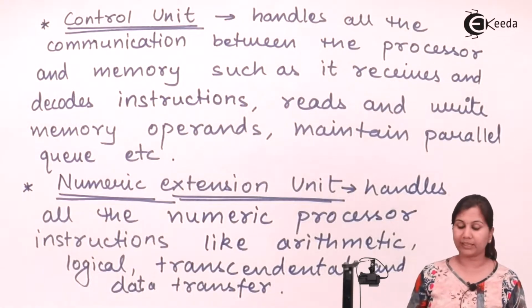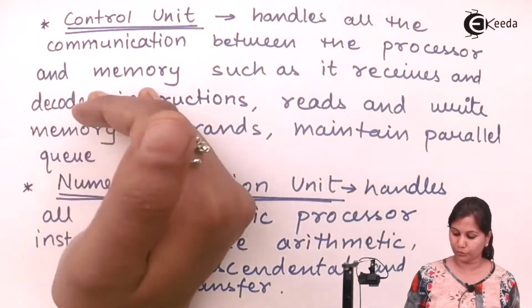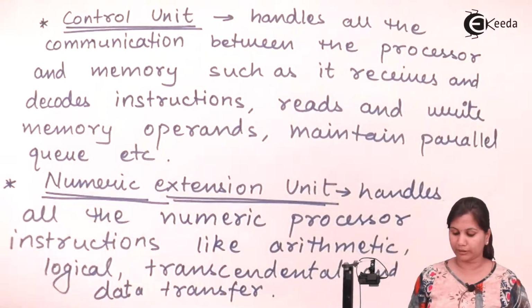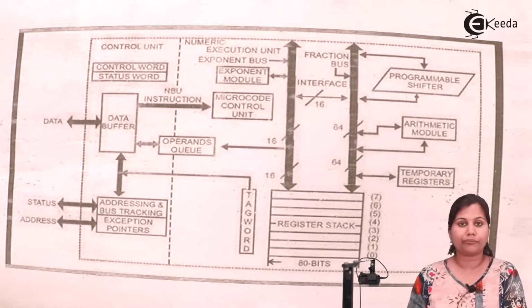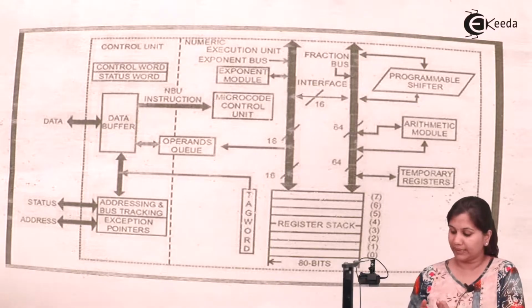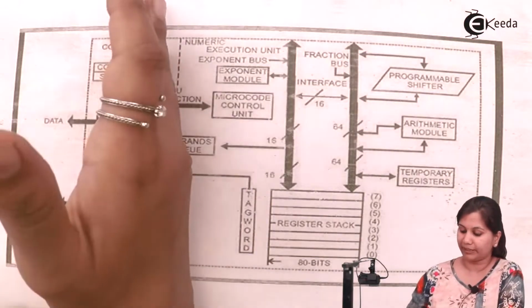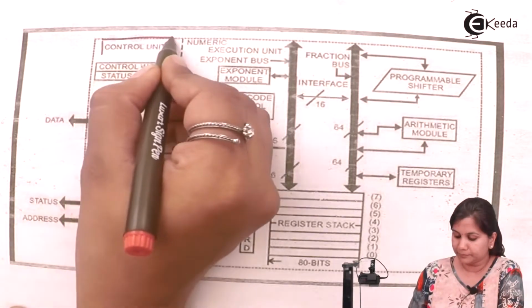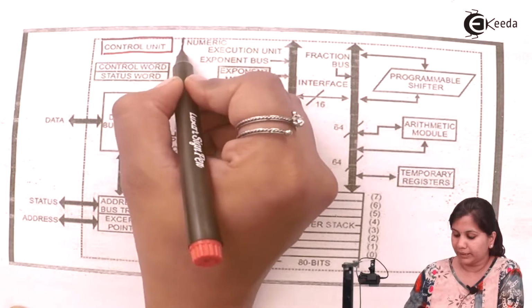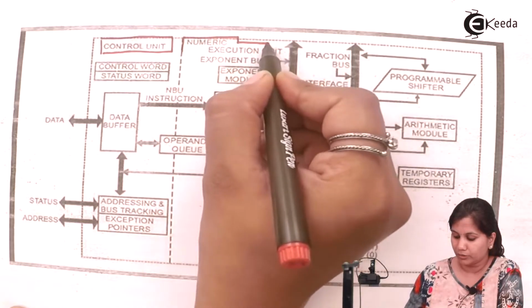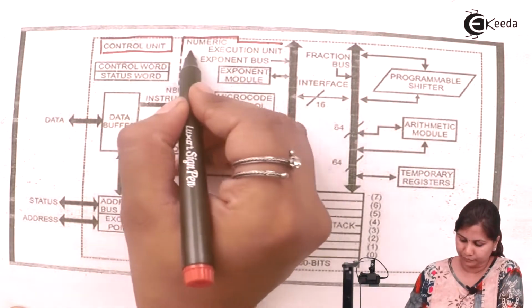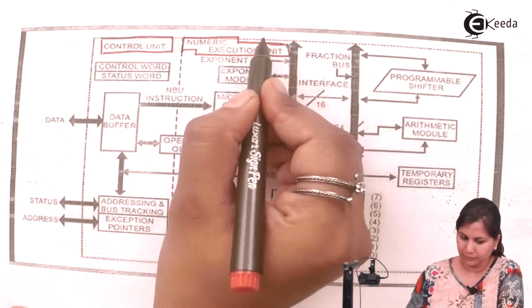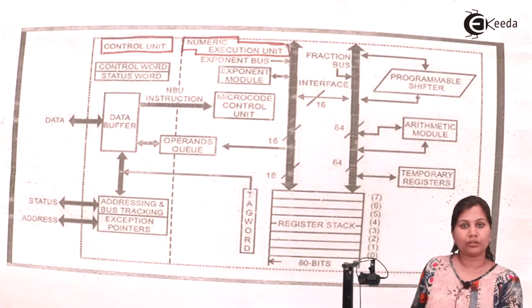Okay. Now let's see the different components of the control unit and the numeric extension unit. First we will see the block diagram. This is the block diagram of the 8087. You can see that this complete block diagram is divided into two parts, the control unit and the numeric execution unit.